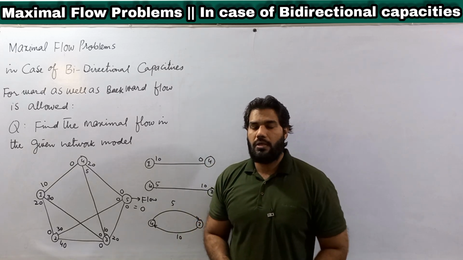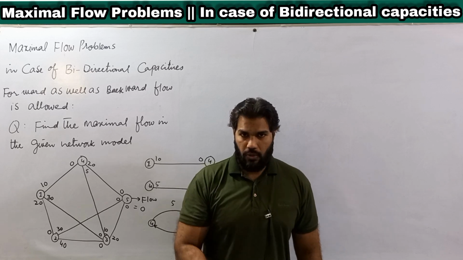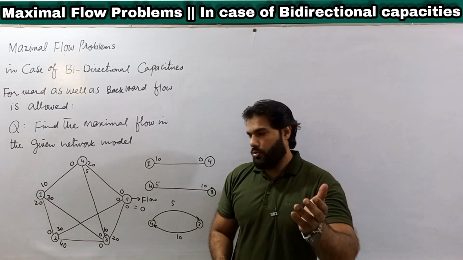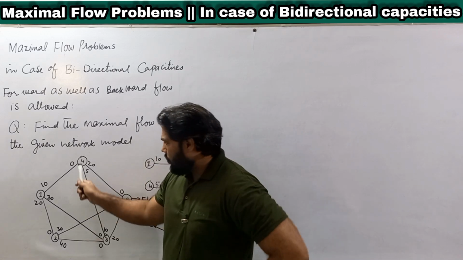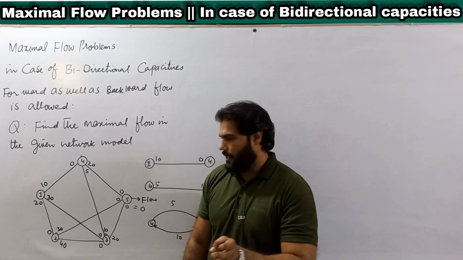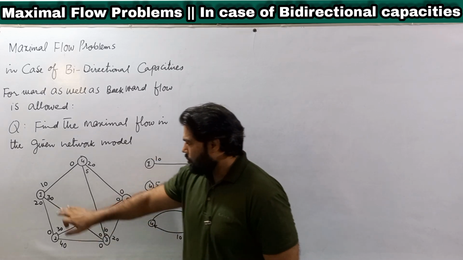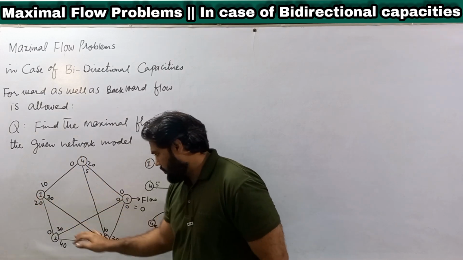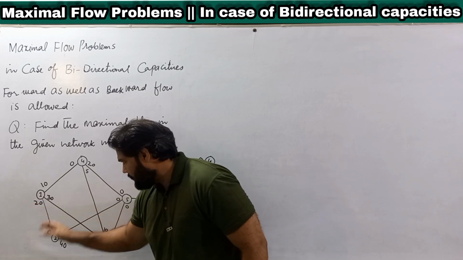A source node is a node that has only outward edges or outward flow, but no inward edges or inward flow. So you can see that node 1 has only outward flow. Node 4, node 2 and node 3 are attached to node 1, and there is 10 units of flow from node 1 to node 4, 30 units of flow from node 1 to node 3, and 20 units of flow from node 1 to node 2.